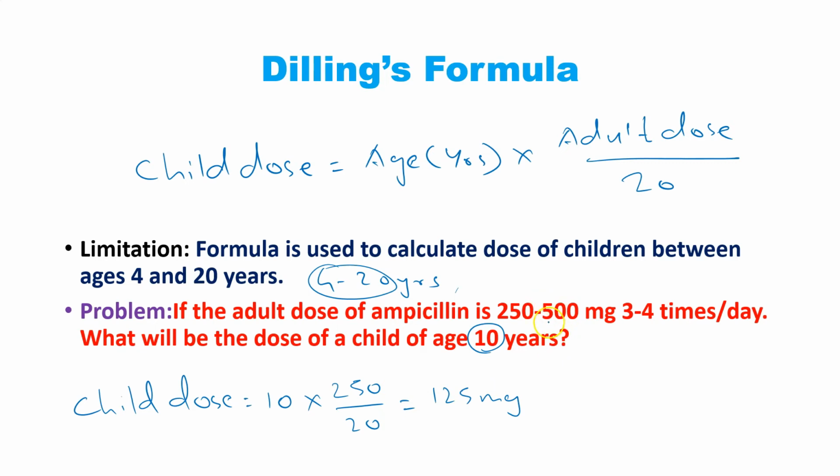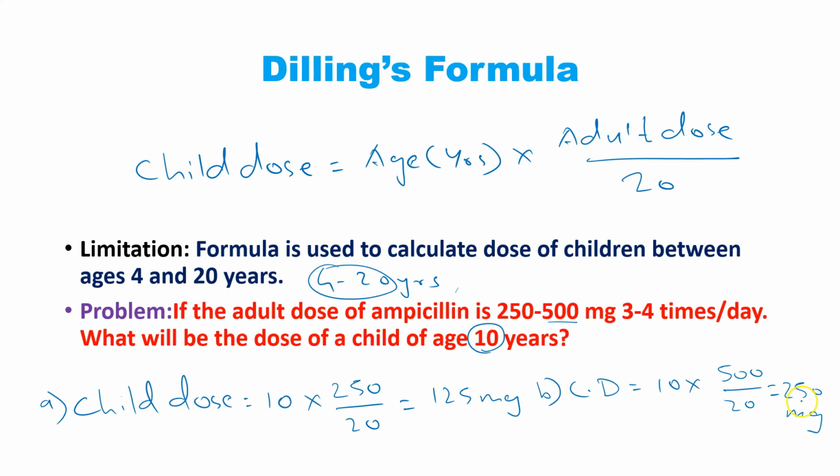And for 500, I just have to replace this 250, so I will mark it as A and this as B. So child dose, CD, is 10 into 500 divided by 20, which becomes 250 milligram.